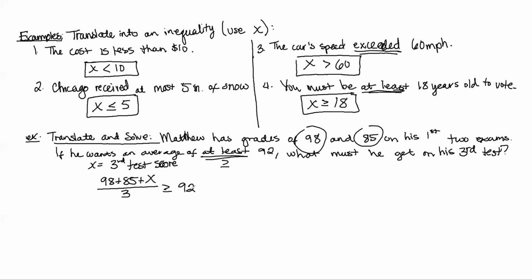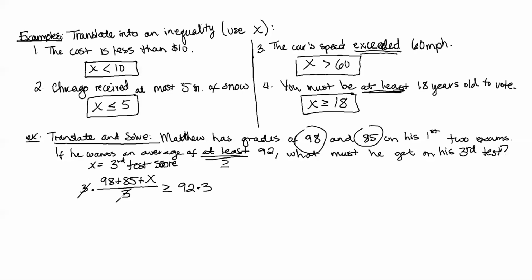And so now for solving this one, this is one that we haven't really seen before. So the first step is kind of new, but since we have this fraction here, we want to get rid of the fraction. We can think of this like we're dividing by 3, so we want to do the opposite and multiply by 3.